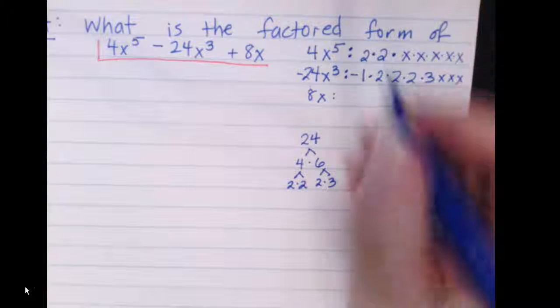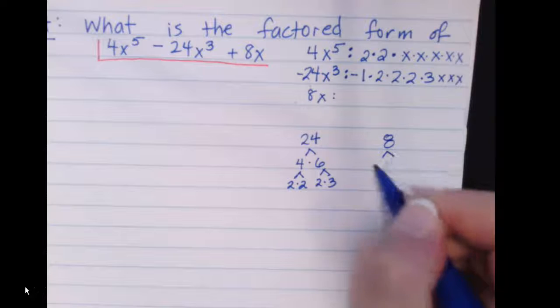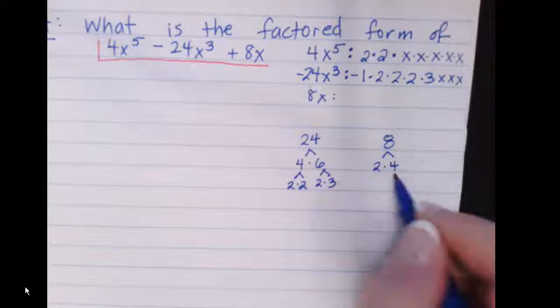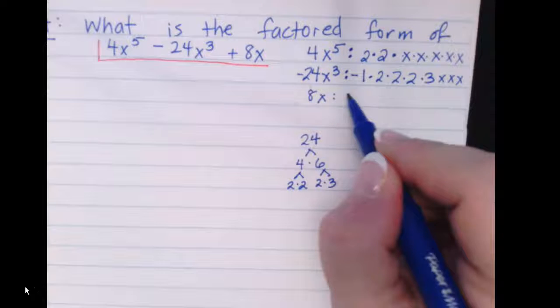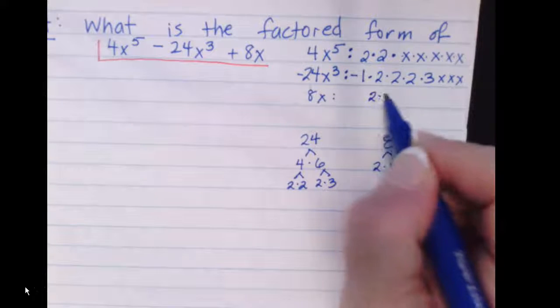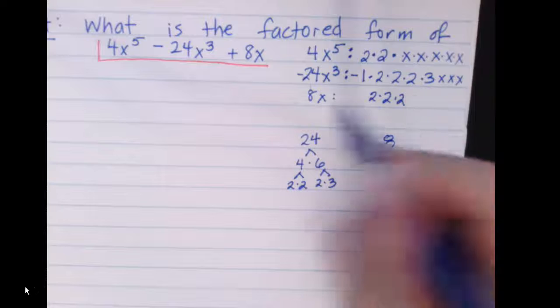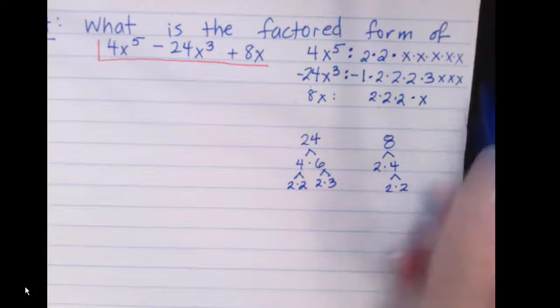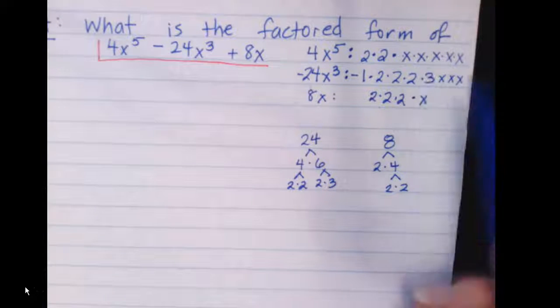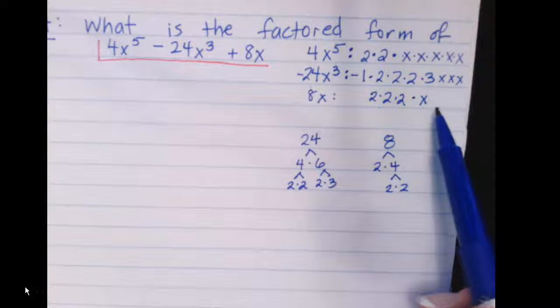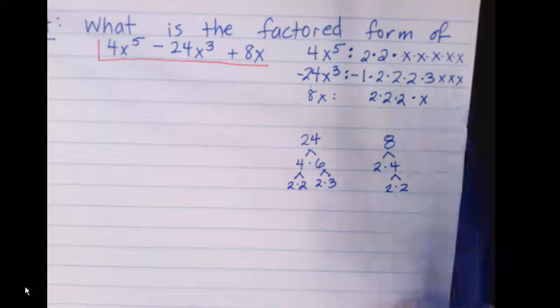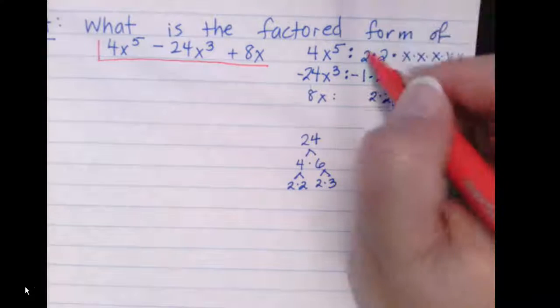Then 8x, I'll go ahead and do a factor tree on that. The prime factorization of 8 is just 2 times 2 times 2, and then there's 1 x. So another way of finding the GCF is to take a look at the prime factors and circle anything that they all have in common.